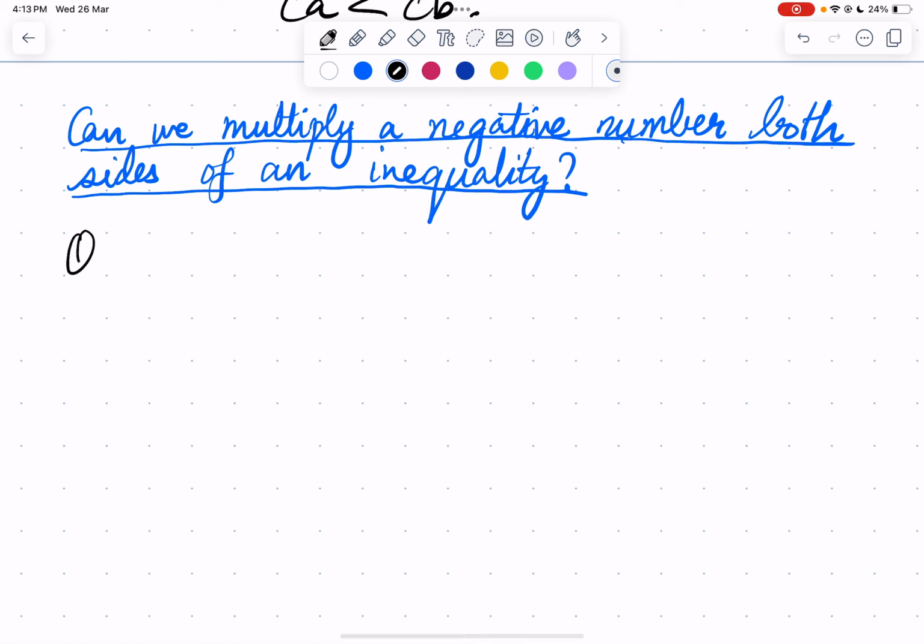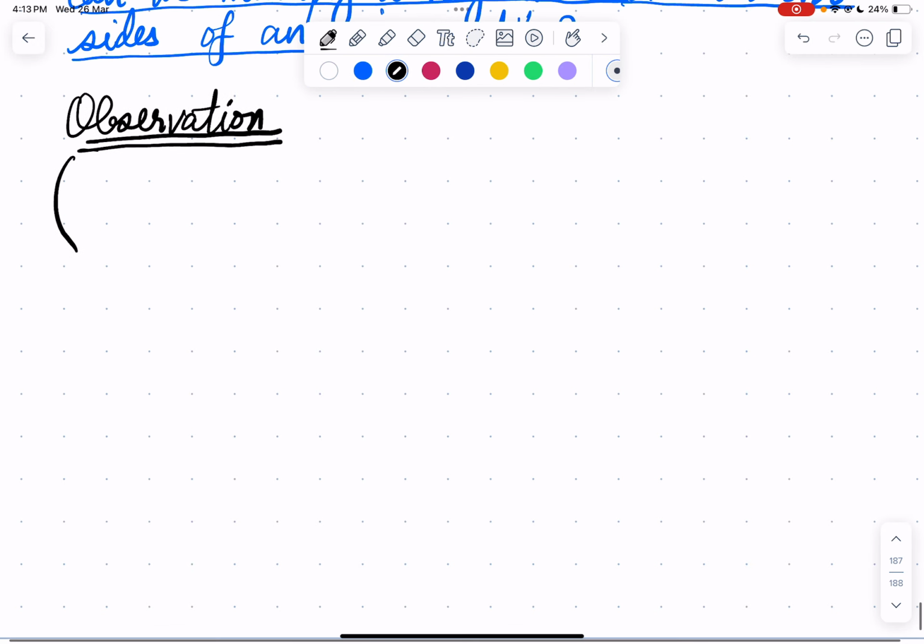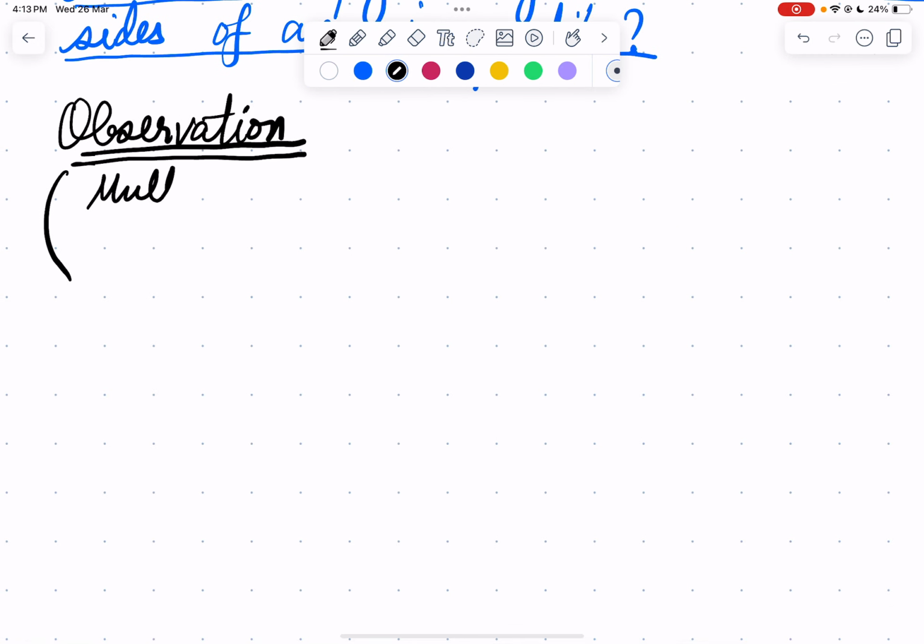So here's the observation. It turns out we can multiply a negative number both sides of an inequality, but we need to do a slight modification. This we said multiplying positive numbers to inequalities. This we can say multiplying negative numbers to inequalities.